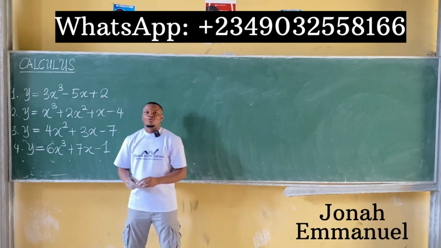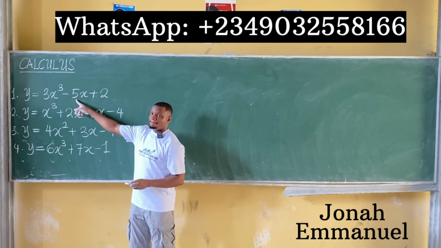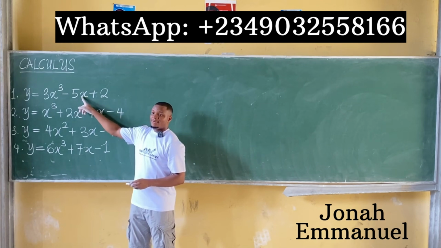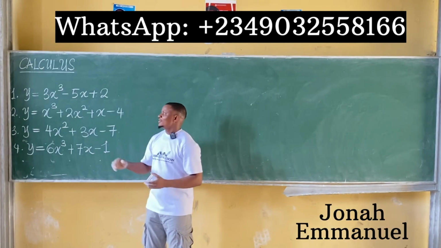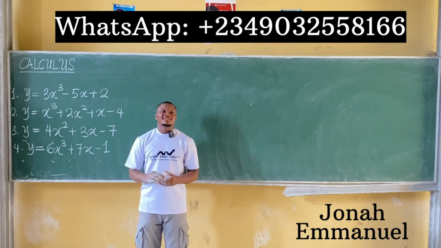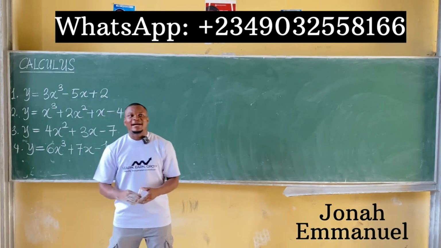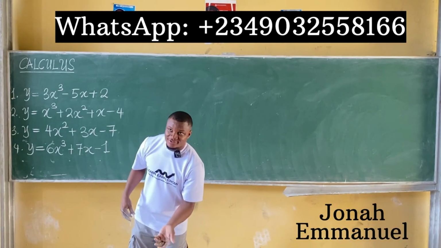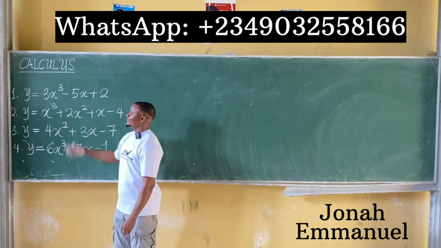But then again, without solving, using the usual method, what's the dy/dx here? Here, the dy/dx is 9x squared minus 5. What do you add again? 9x squared minus 5.